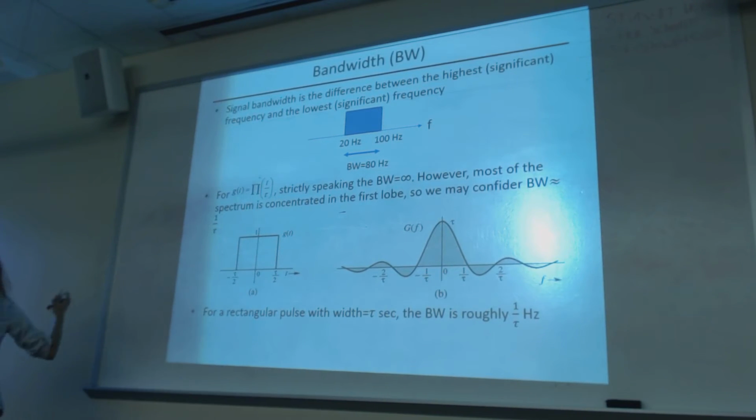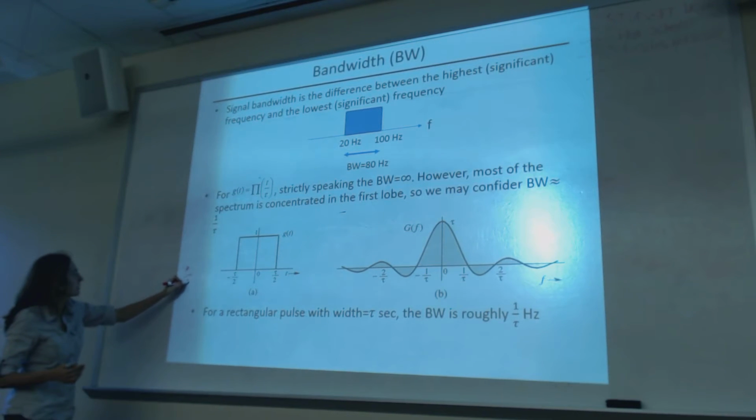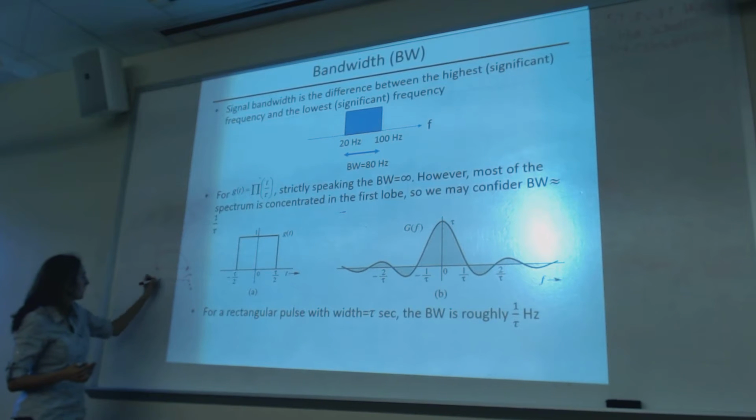So the bandwidth that I have is between 20 hertz and 100 hertz. So the difference is 80 hertz. This is what we call the bandwidth of the signal. The bandwidth is nothing but the difference between the maximum frequency, Fmax, and the minimum frequency.